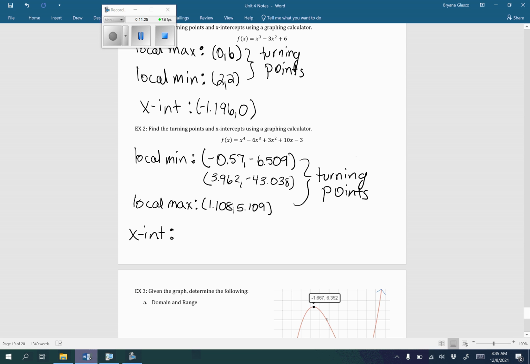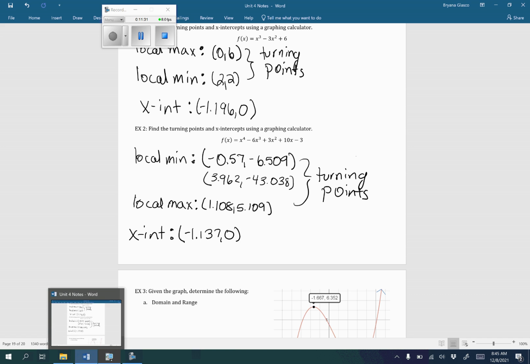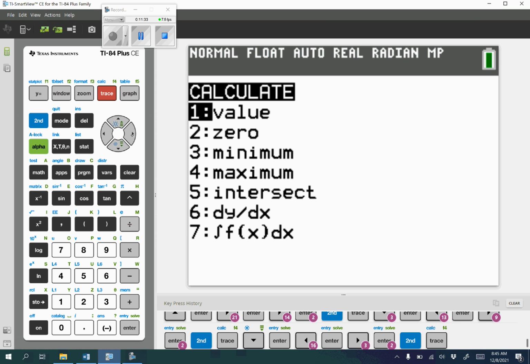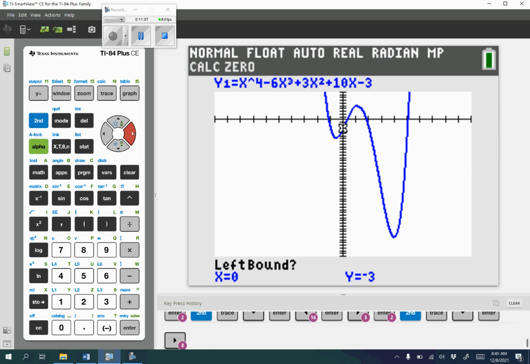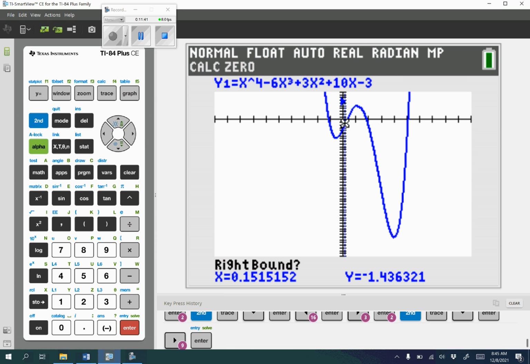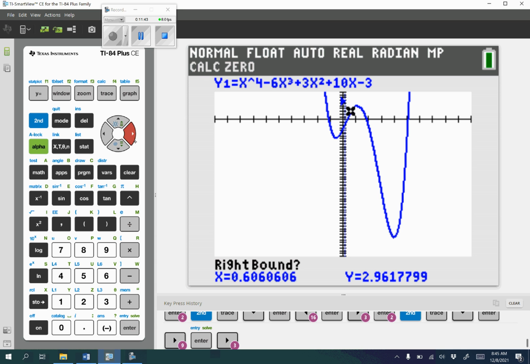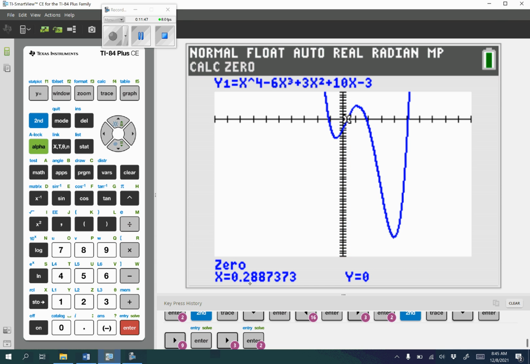We'll write that. So we have negative 1.1370. Okay, we do it a third time. Once you get the hang of this, it's pretty easy. So I press enter, because now below is going to be the left-hand side, and above is going to be the right-hand side. So here's our next one.